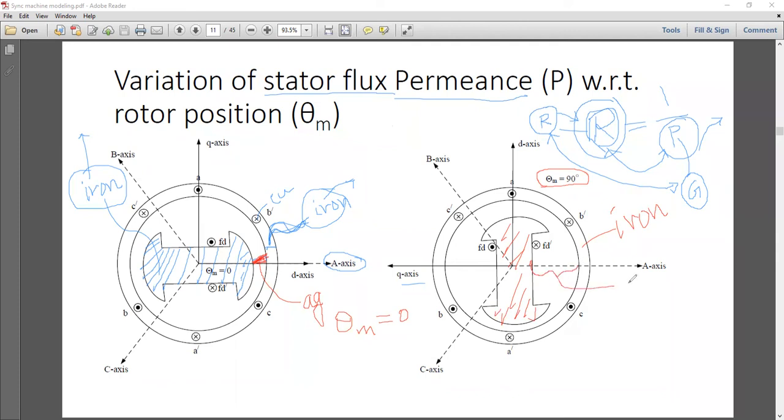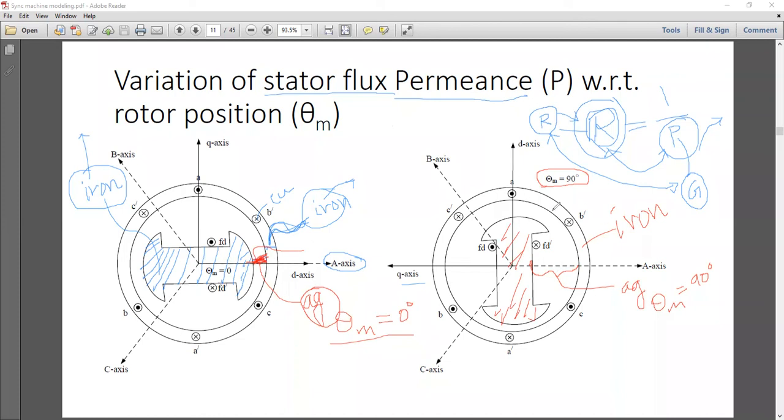Is it clear? What I have shown, is it clear or not? So when theta m equals 0, that means throughout the rotation of the rotor body, whenever the rotor d axis gets aligned with the a axis, you have the minimum possible air gap, because at any other time this air gap is increasing.